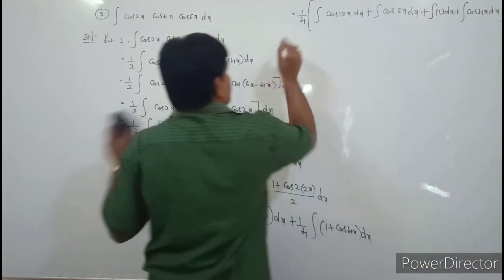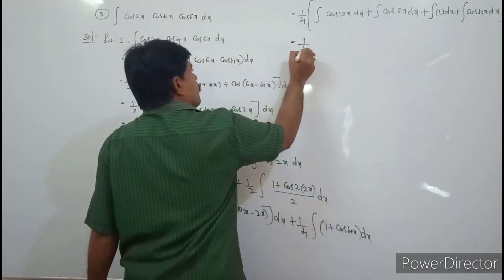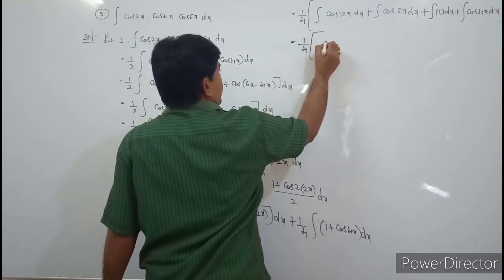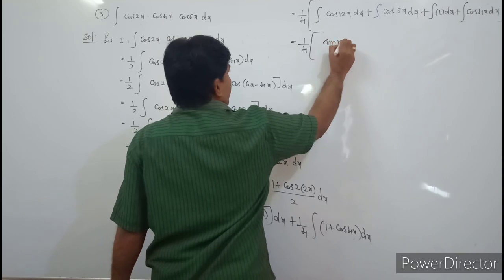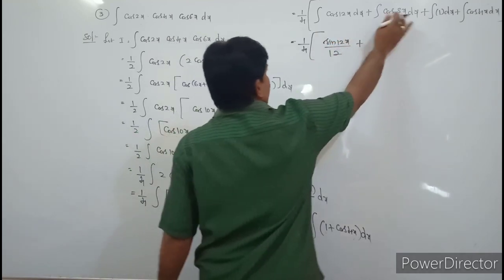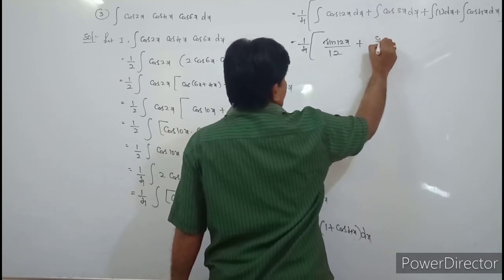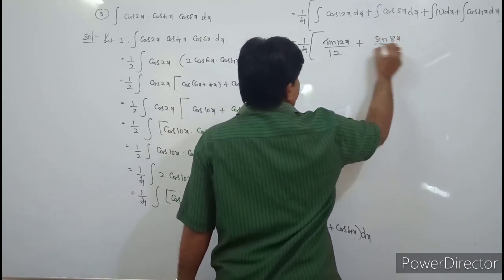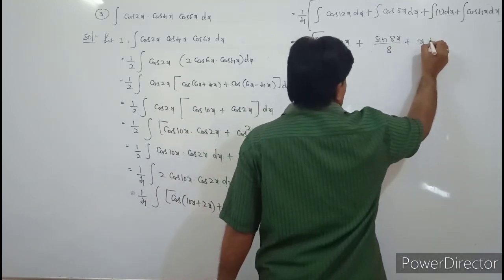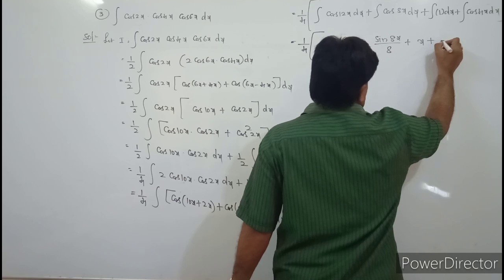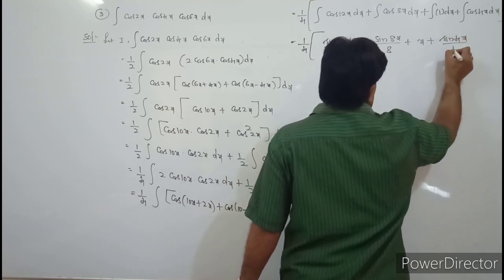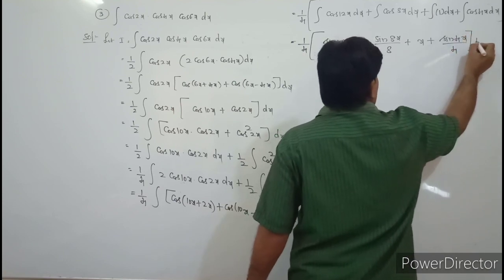That is equal to 1 by 4 into the integral of cos 12x, which is sin 12x by 12, plus the integration of cos 8x, which is sin 8x by 8, plus the integral of 1, which is x, plus the integral of cos 4x, which is nothing but sin 4x by 4, plus c.